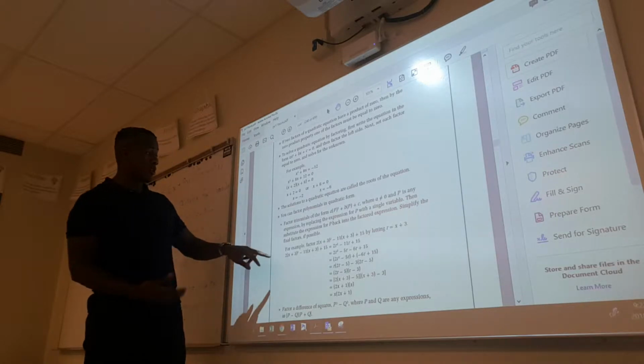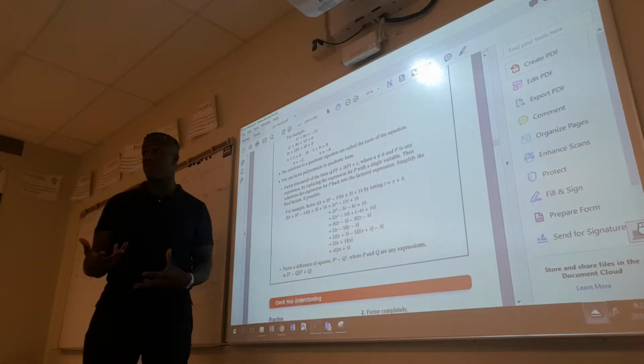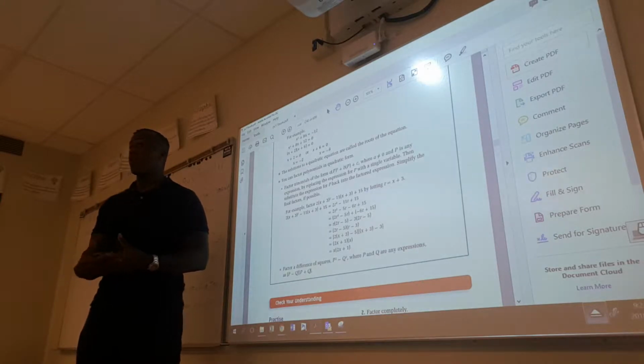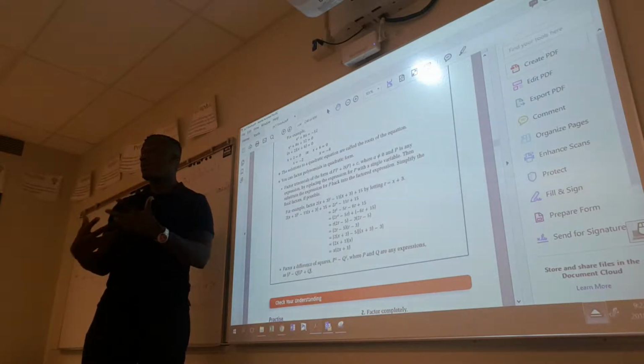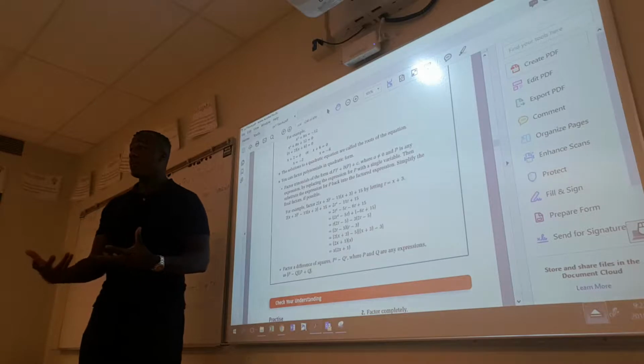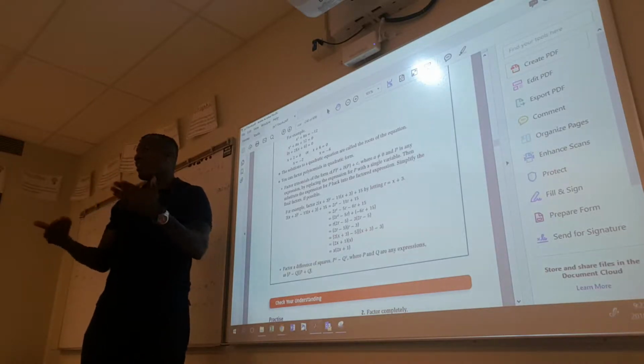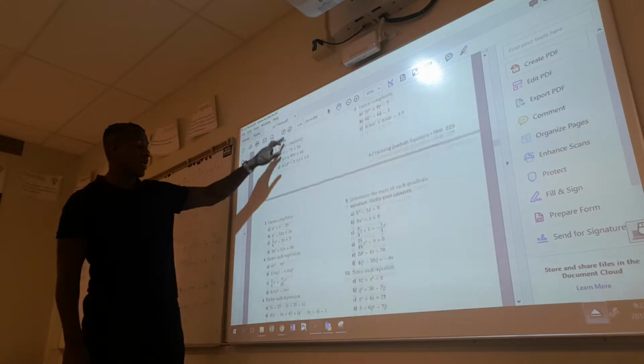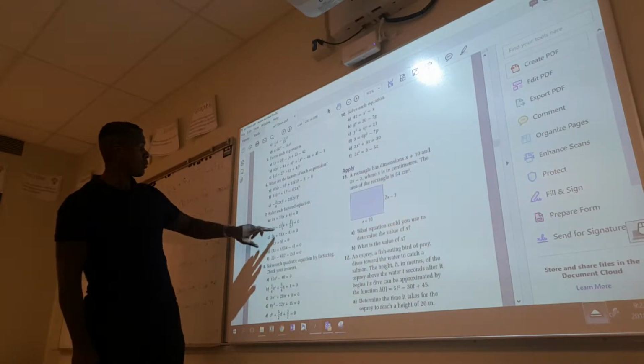So just learn to recognize that pattern because you're going to save yourself a lot of time. I can solve it via decomposition, I can, but you're just writing extra lines that you don't have to write if you can see that pattern earlier. So now let's take a look at number 6.